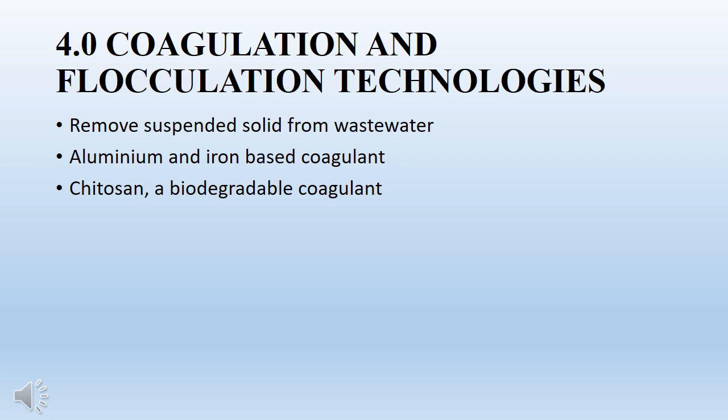One of these is called chitosan. Chitosan can mainly be found in the sugars in the outside of shellfish, like crabs and prawns. This is economically friendly and environmentally friendly as it is biodegradable.